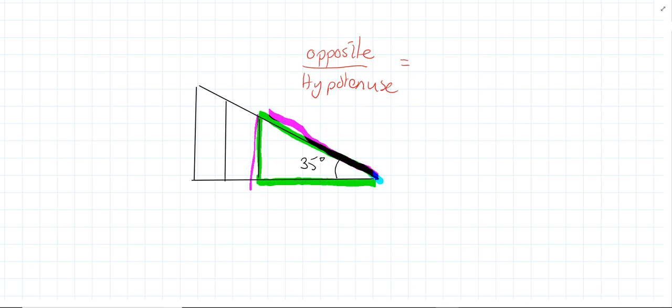We will get a decimal. Exactly. This one is the sine of the angle, so I need to do the sine of 35. So in your calculator, press the sine button, S-I-N.